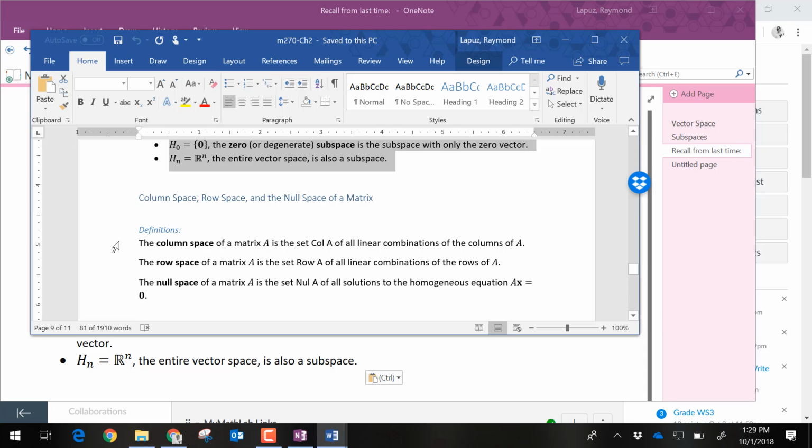So now let's bring ourselves back to Rn, and let's look at matrices and how we can find subspaces of Rn within the matrix.